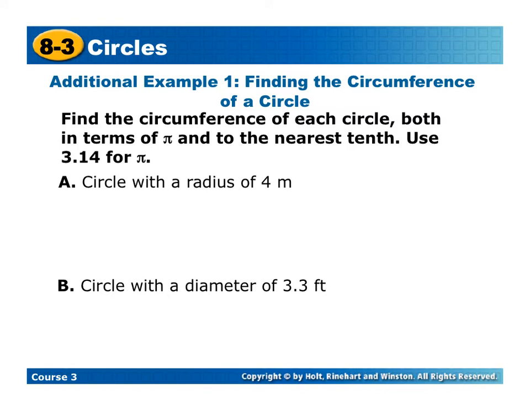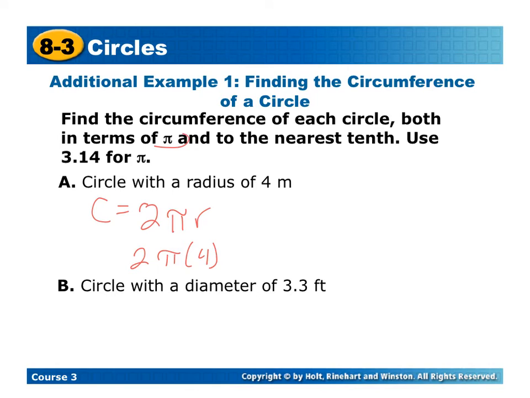So now let's use our information that's given and find the circumference of each circle, both in terms of pi and to the nearest tenth, and we're going to use 3.14 for pi. So we're finding the circumference with a radius of 4. That means we're going to use the circumference is equal to 2 times pi times our radius. So in this case it becomes 2 times pi times 4.